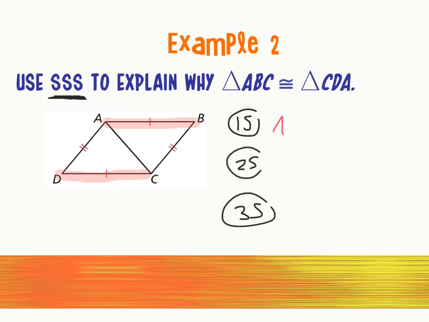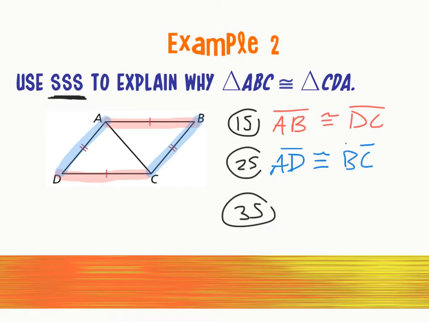So segment AB is congruent to segment DC. Next we can look and see where we have 2 tick marks. We have 2 tick marks at AD and CB. So we know that AD is congruent to BC, because that was given to us as well.